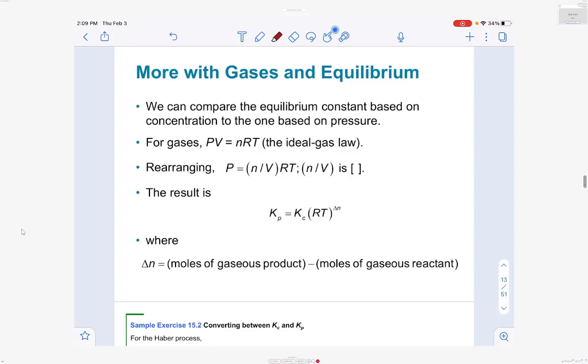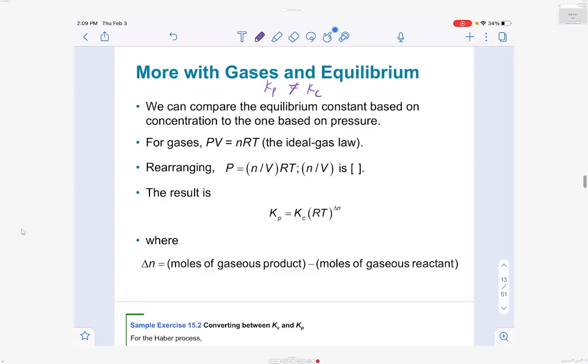So as I said, Kp and Kc will have different numerical values, but we can calculate one from the other using the ideal gas equation. So let's say if we know Kc, the question might ask you to find out what the Kp value is.